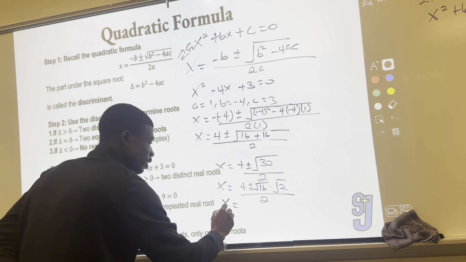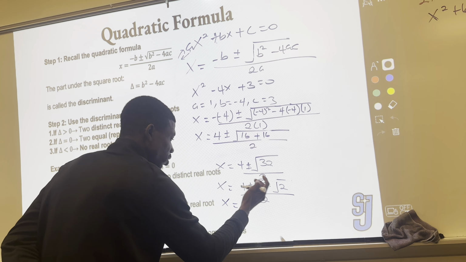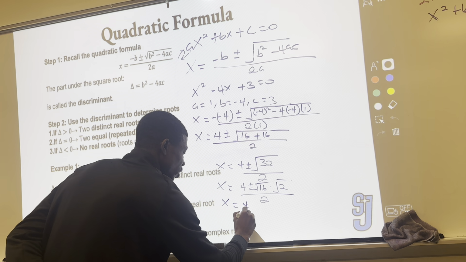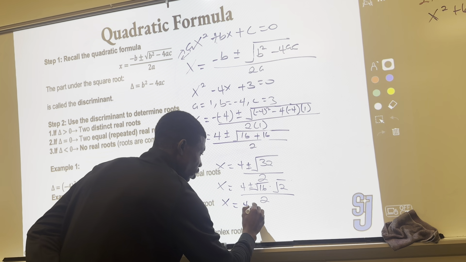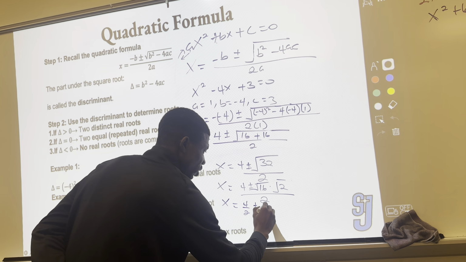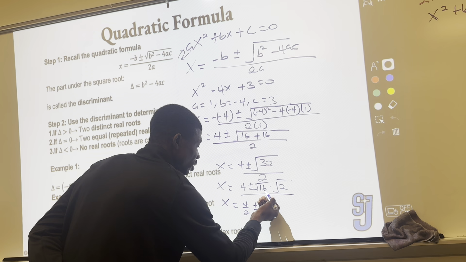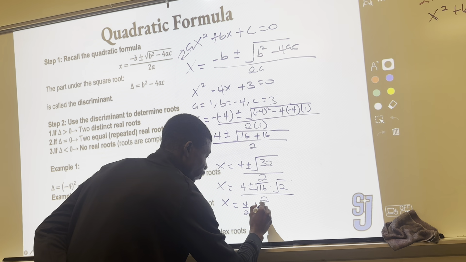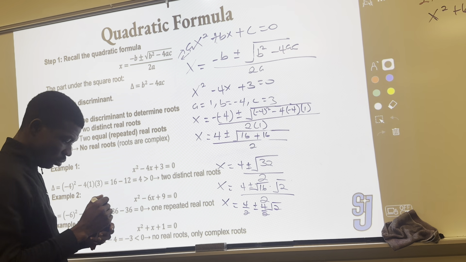If I want, because this belongs to the 2, I will say that 4 divided by 2, or 4 over 2, plus or minus, that's square root of 16, is 4, so I have 4 divided by 2 times root 2.